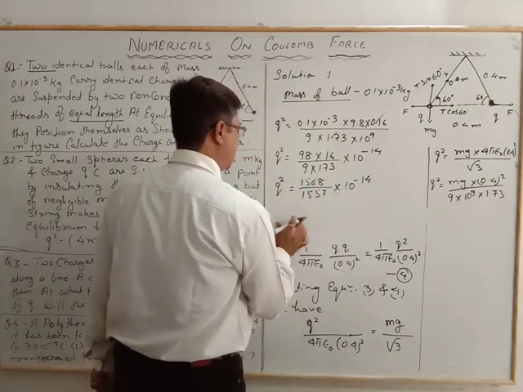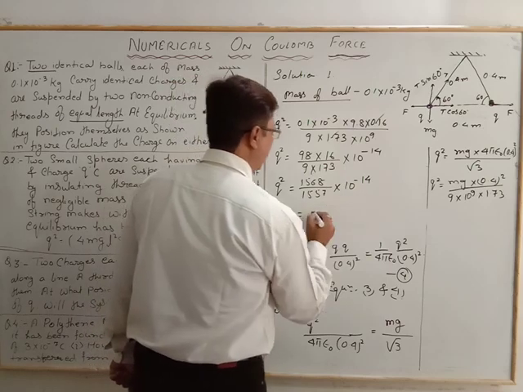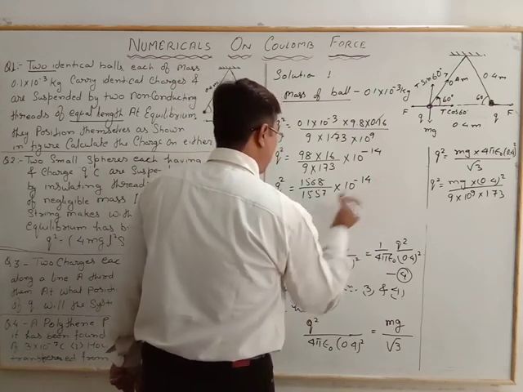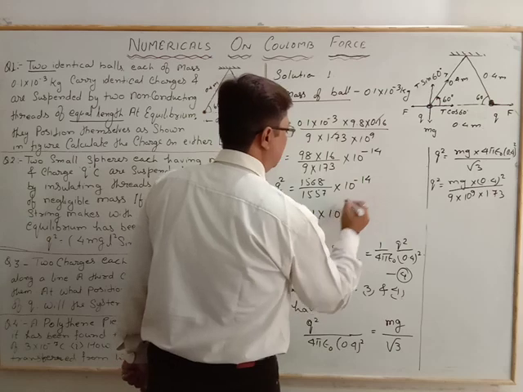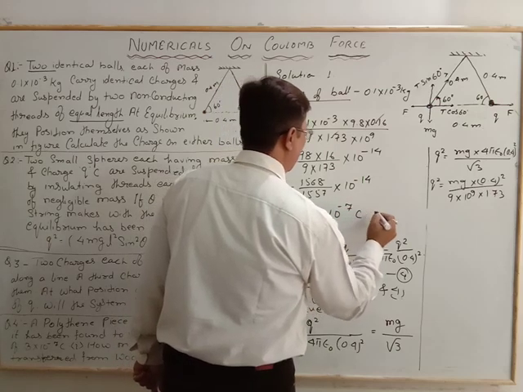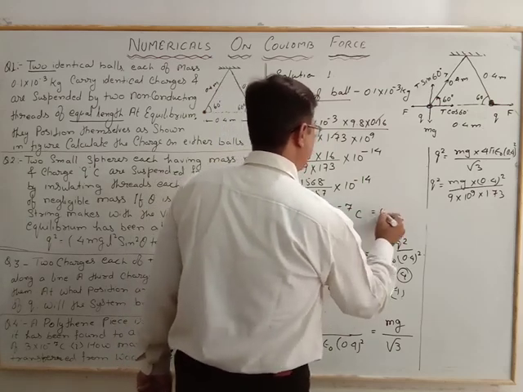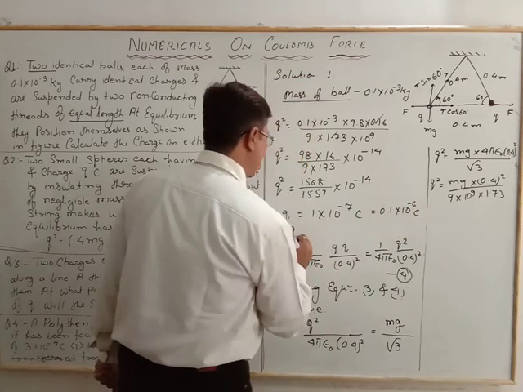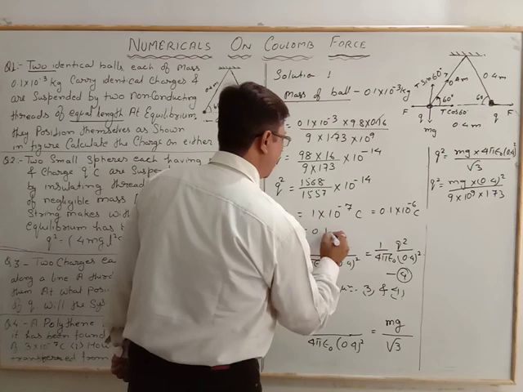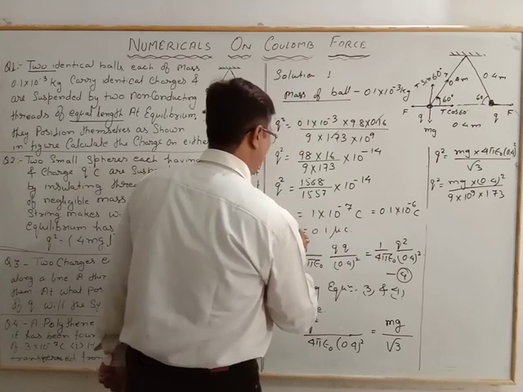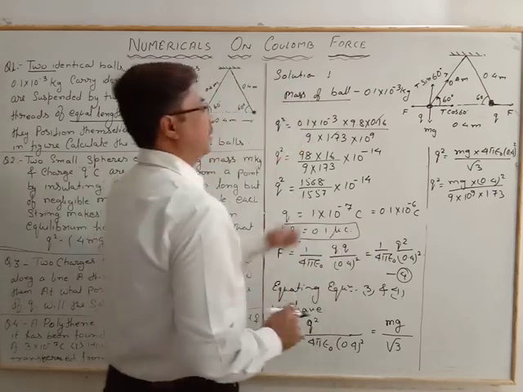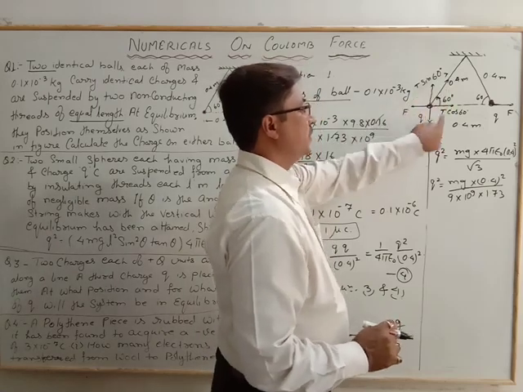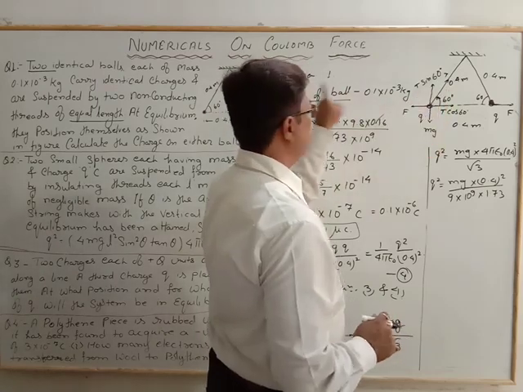So q is equal to 1, this becomes 1 into 10 to the power minus 7 coulomb, or we may write like this, 0.1 into 10 to the power minus 6 coulomb, or q is equal to 0.1 microcoulomb.